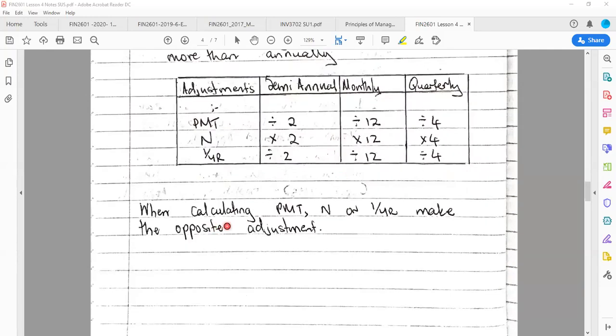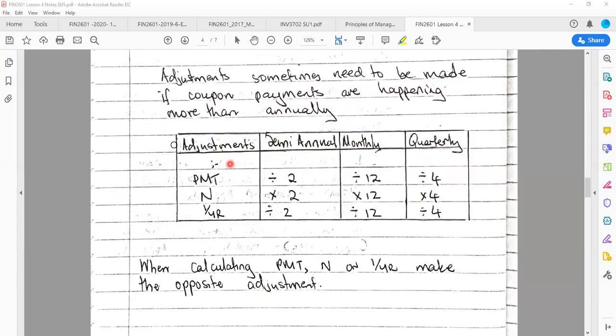So these are the inputs we have to put into our financial calculator when coupon payments are happening more than annually. However, let's say we're not calculating the price of the bond, but rather we're calculating one of these items. When we are calculating PMT, N, or I over YR, we need to make an opposite adjustment.